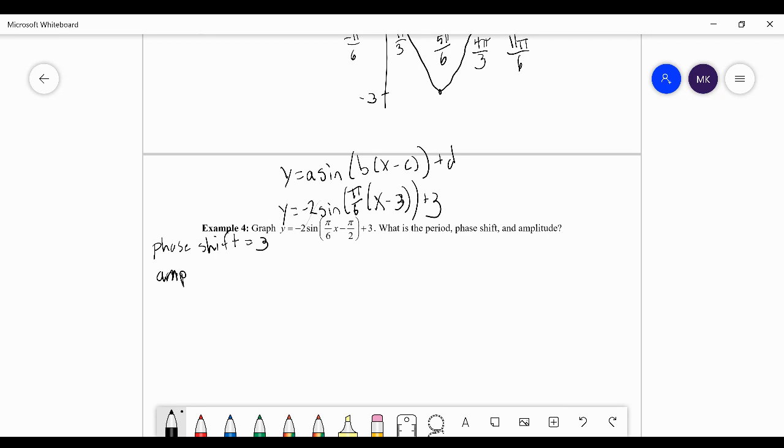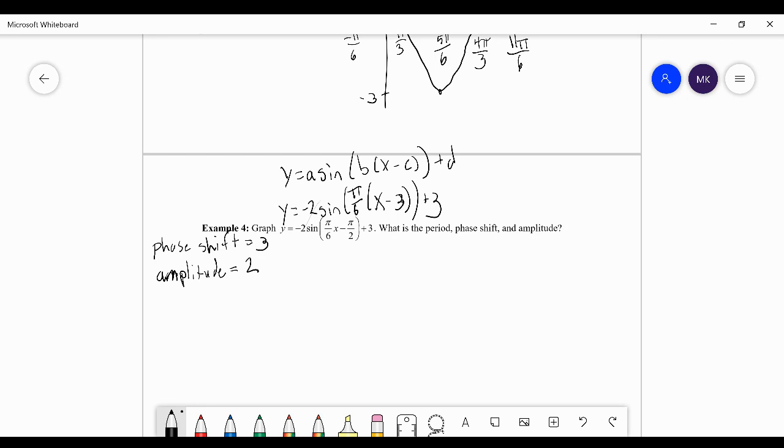Again, because we have accounted for the minus by factoring that out. So we have an x minus c, which is exactly what we have. So we're being shifted to the right 3 units. Now our amplitude is just the absolute value of 2. That's just 2. Easy enough.